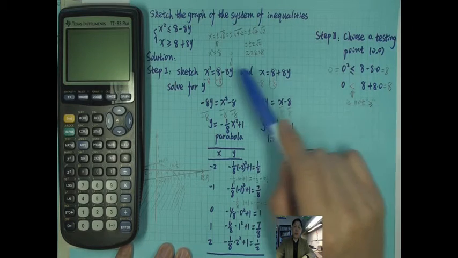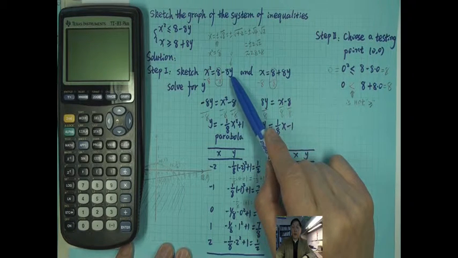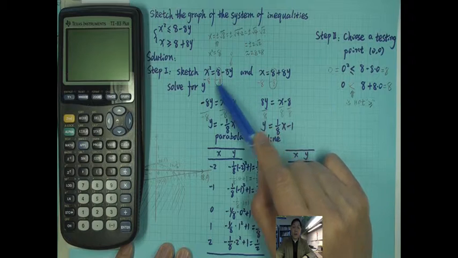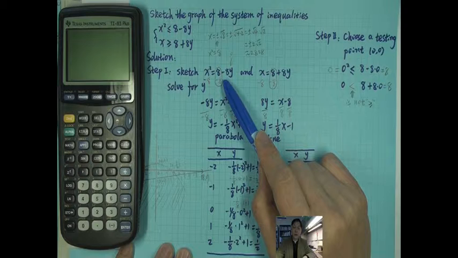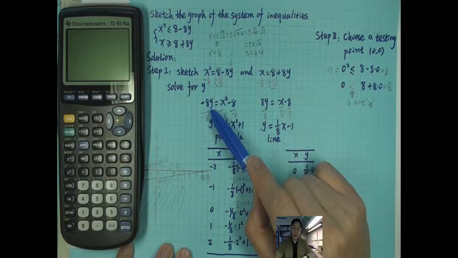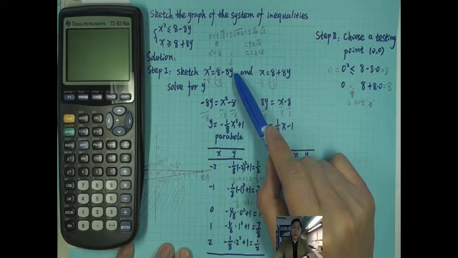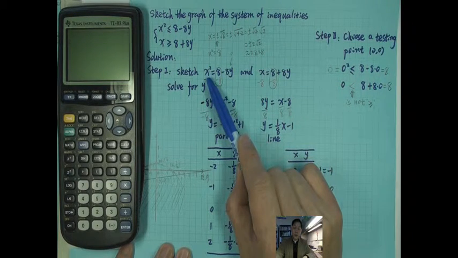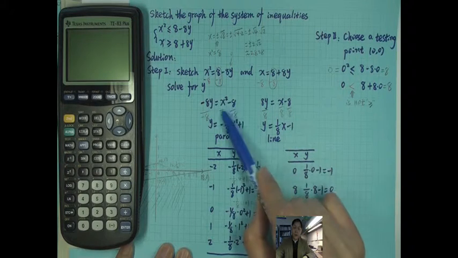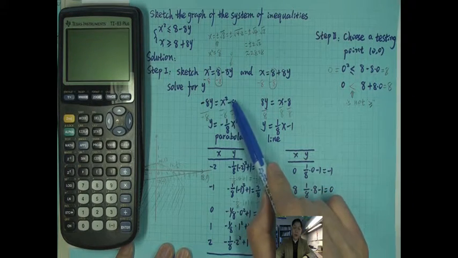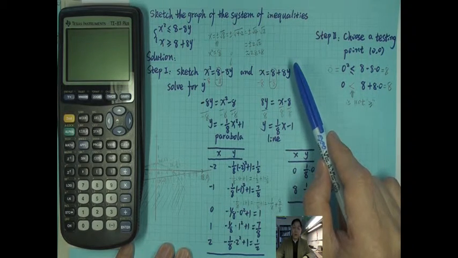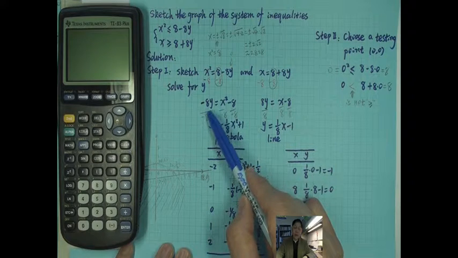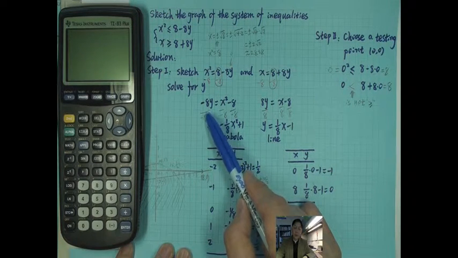If you want to solve for y, isolate y, so you subtract 8 on both sides. You cancel the positive and negative 8. So the right hand side is just negative 8y, and the left hand side is x squared minus 8. I put it on the right; it was on the left. Then to solve for y, you divide both sides by negative 8.